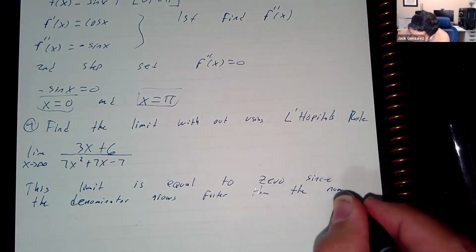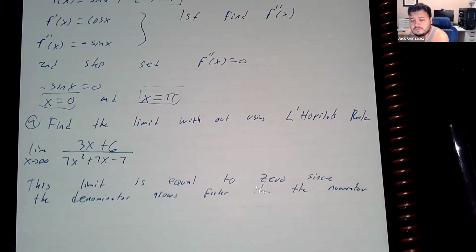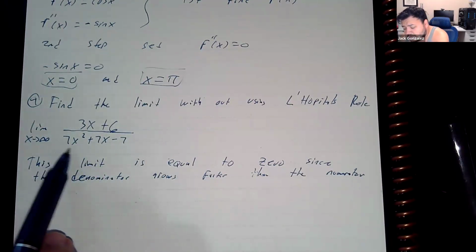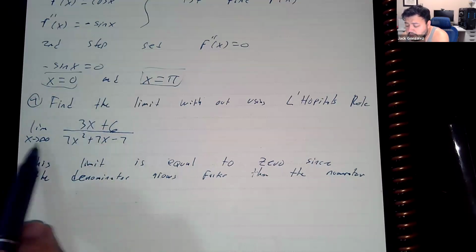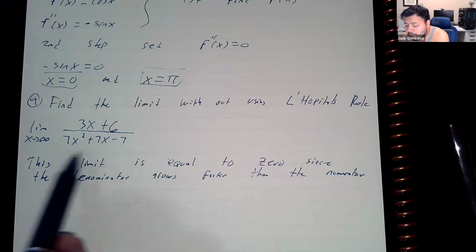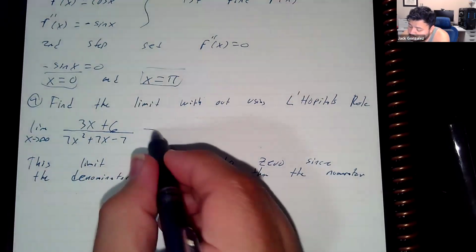You could use some other techniques if you want, but if you just explain yourself, the degree of the bottom is 2, degree of the top is 1. If we let x go to infinity, the bottom will win out, and it'll make the whole thing 0.